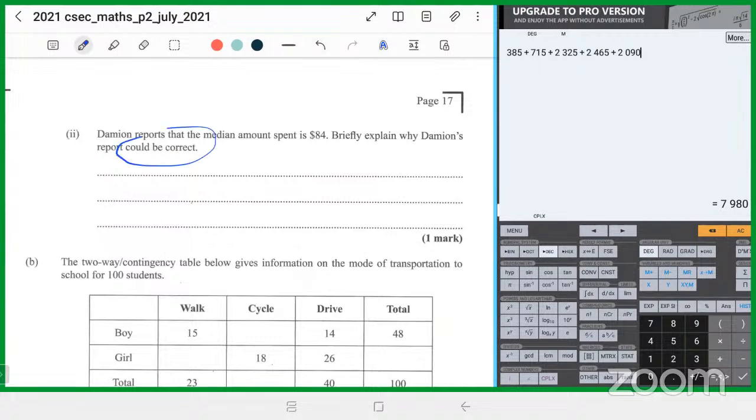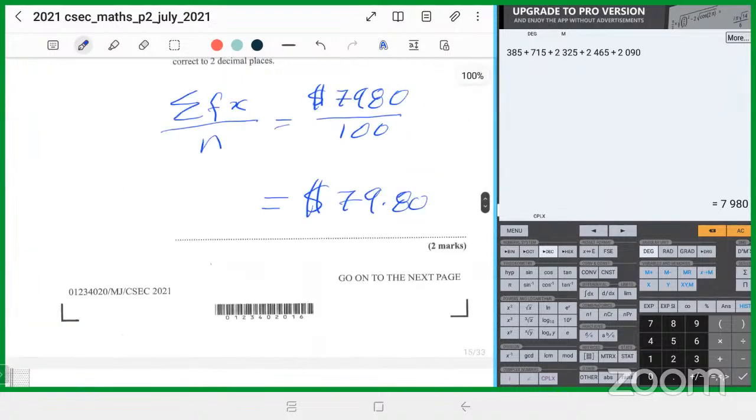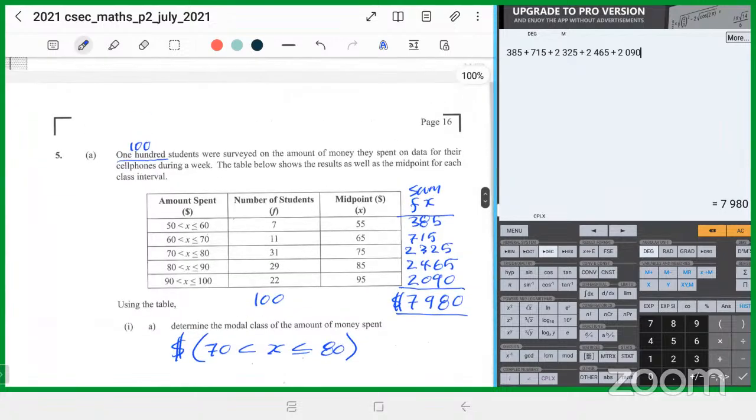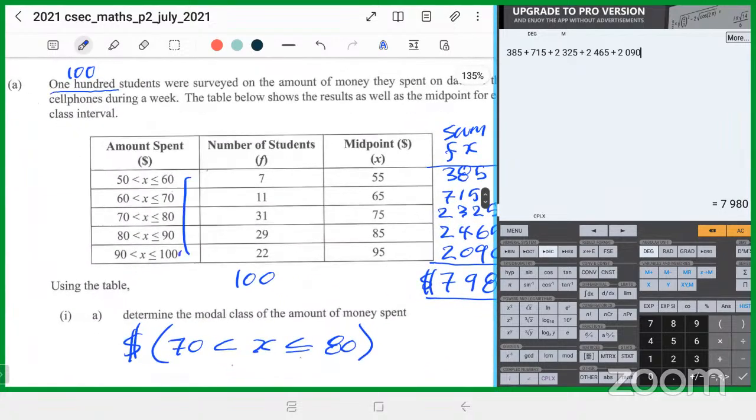So if it is correct, it means that this 84 is in the group where the median should be. So if there are 100 students, the median amount is spent by approximately the 50th student. And the data is in ascending order right here, from lowest to highest value.